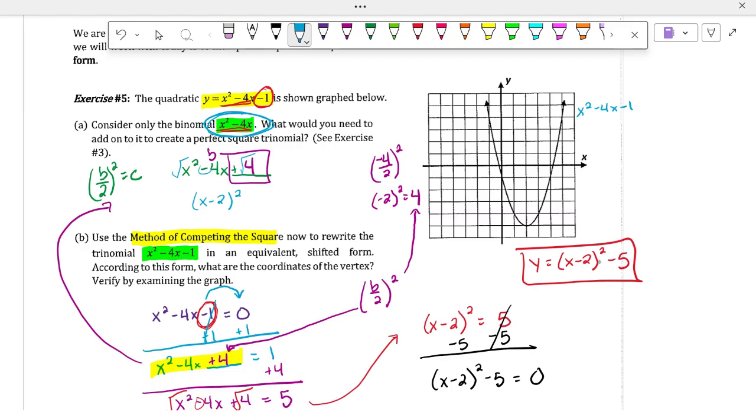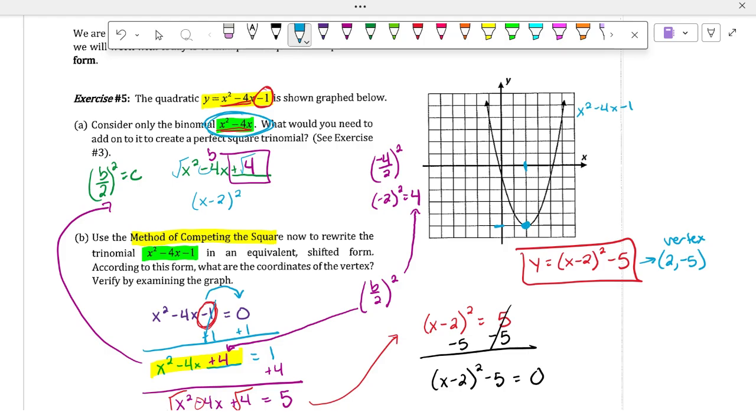Our vertex should 100% be, not negative 2, it should be positive 2, negative 5. That's our vertex. Let's see if that's true on the graph. Well, here's positive 2, here's negative 5. Yeah, that is in fact our vertex.